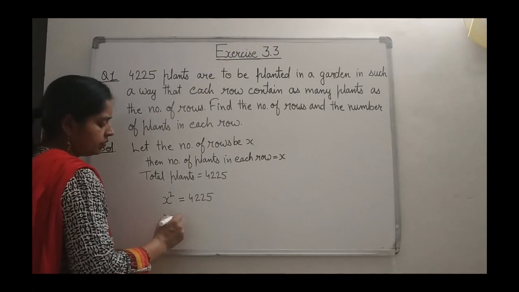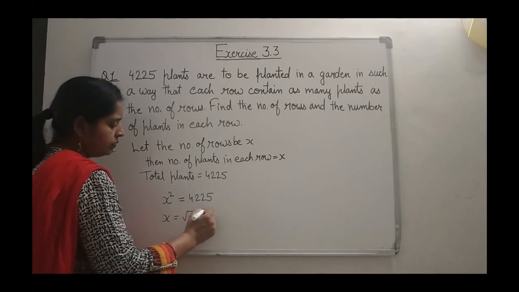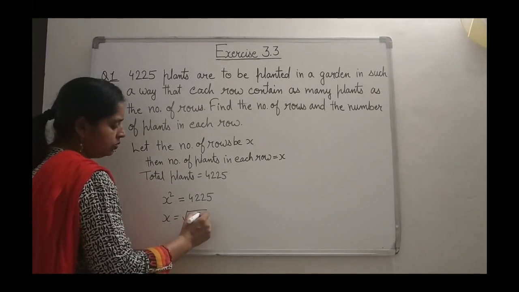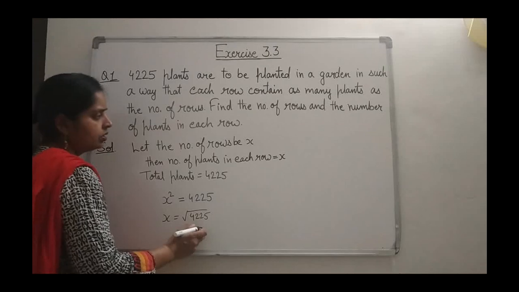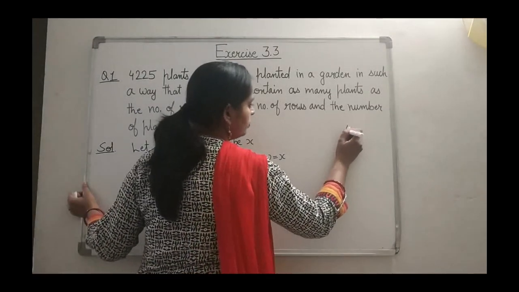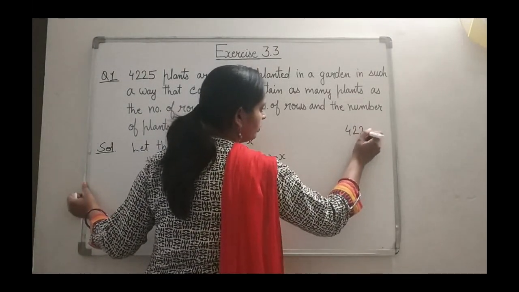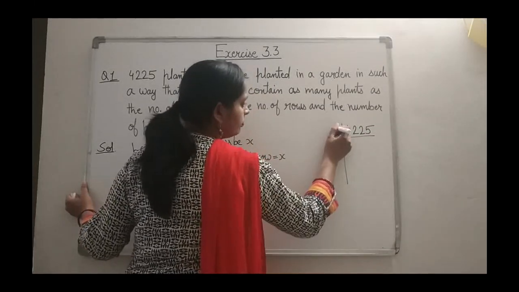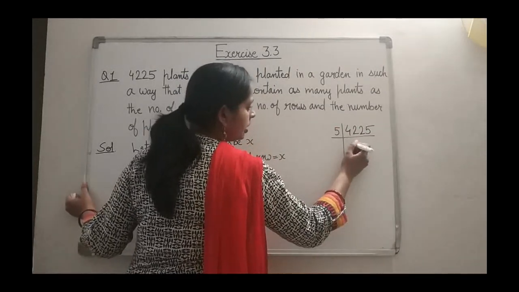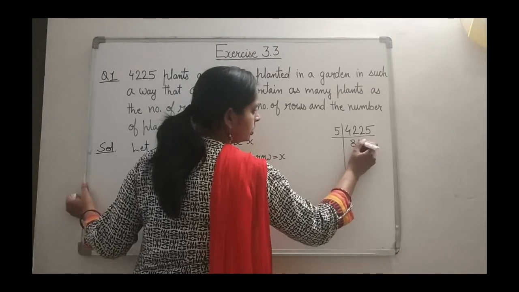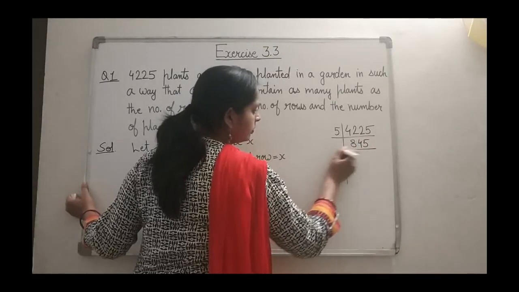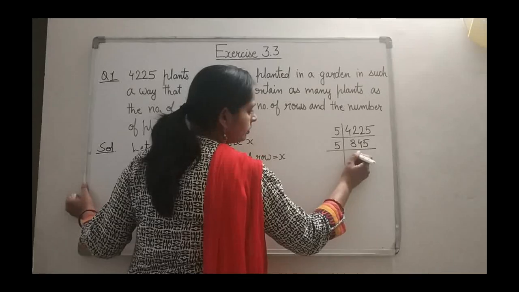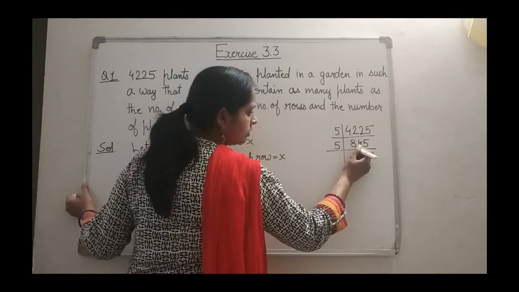So x is equal to root of 4225. For finding the root value of 4,225, we have to do the prime factorization. So 5 8s are 40, 5 4s are 20, 5 5s are 25. Again 5 1s are 5. What is left? 169.